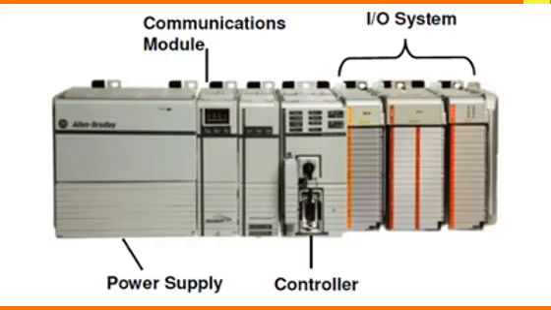So the advantages: highly expandable and easy to maintain and upgrade. You can expand it according to the tasks to perform, and it is easy to maintain and upgrade the system. This is the best for medium to large and complex automation systems.